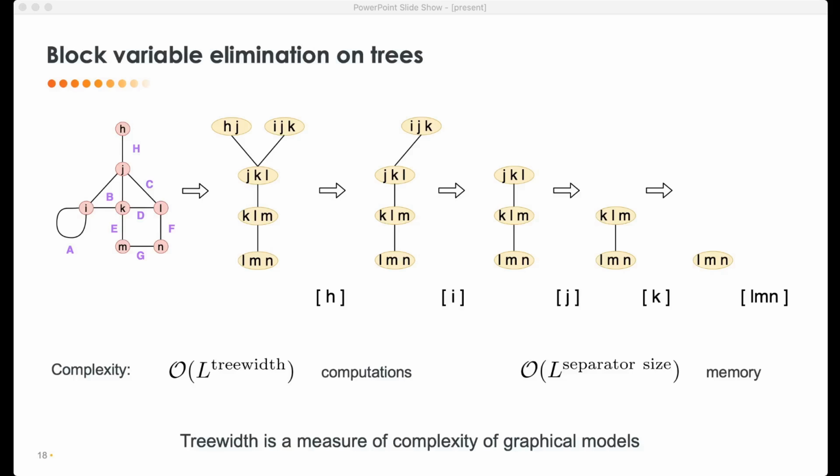So these vertices are not in the separator at the current step. We can exactly determine computational and space requirements from the tree decomposition without even performing any calculations, and actually without running variable elimination. So the tree decomposition helps to measure complexity of graphical models.